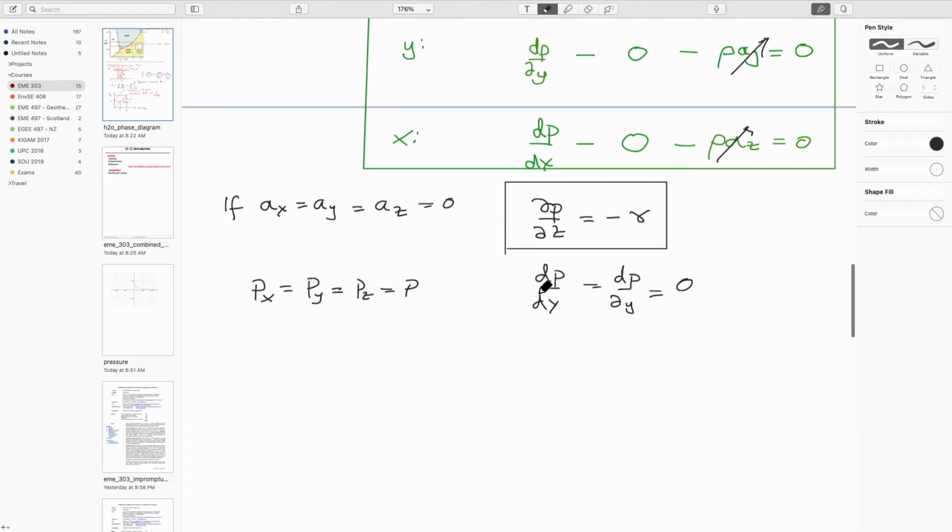This says that if you're in a swimming pool and you're sitting on the bottom, or as you move horizontally in the x or the y direction, the pressure doesn't change. The pressure doesn't change because you're the same depth below the water, z, as you move from one to the other. But it's more involved than that.